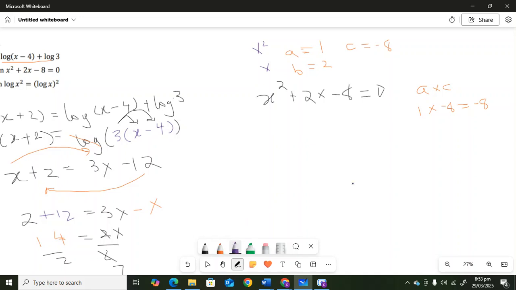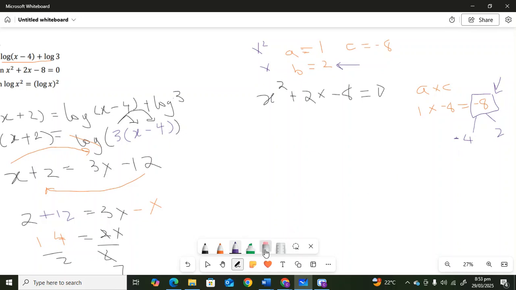So you're going to look for two factors of negative 8 that, when you multiply them, give you negative 8, and when you add them, give you positive 2. The factors of 8 are 4 and 2.